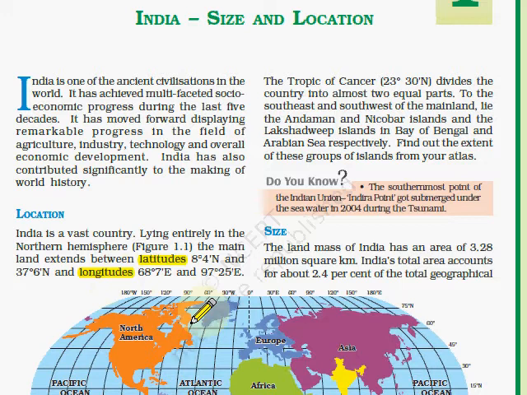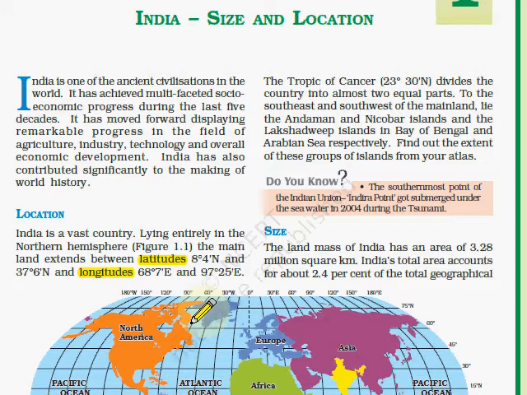India's location is latitude 8 degrees 4 minutes north to 37 degrees 6 minutes north, and longitudinally it is 68 degrees 7 minutes east to 97 degrees 25 minutes east. Only this point is important, and remember that we are situated in the northern hemisphere.